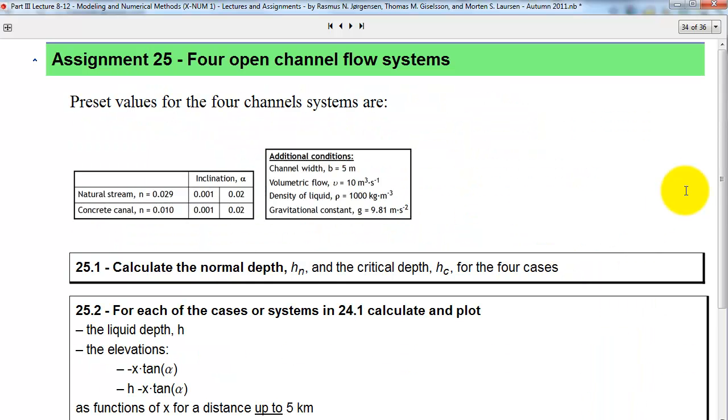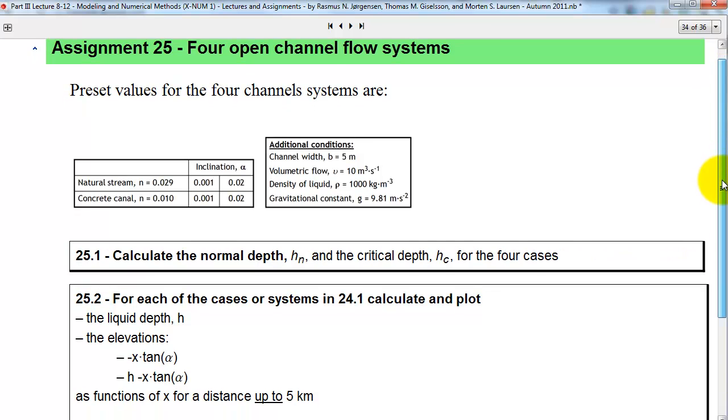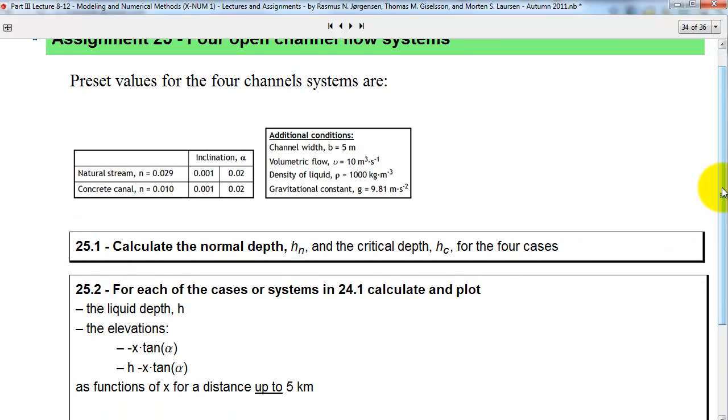So now we come to the assignment. You have all the equations and relations from above, so you can just take them from the notebook. What you now need to do is use some initial values. You have different inclinations. You have a natural stream, you have a concrete channel. You can see the natural stream is rougher, so the friction is higher, so that's why the number here is higher.